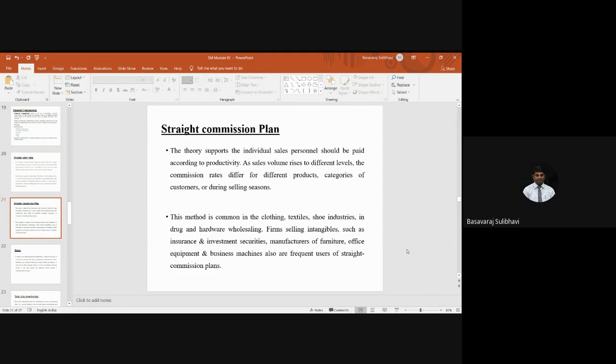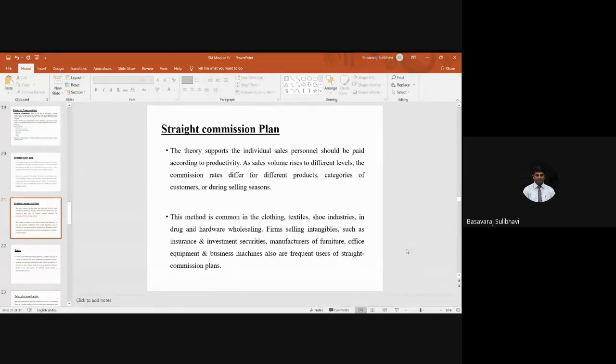It may also be the type of customers you are serving. If they are very profitable customers, and difficult to manage, and you are serving and handling them, on that basis also you can get a good commission. Even during the selling seasons, in seasonal businesses, they sell for a specific time period.